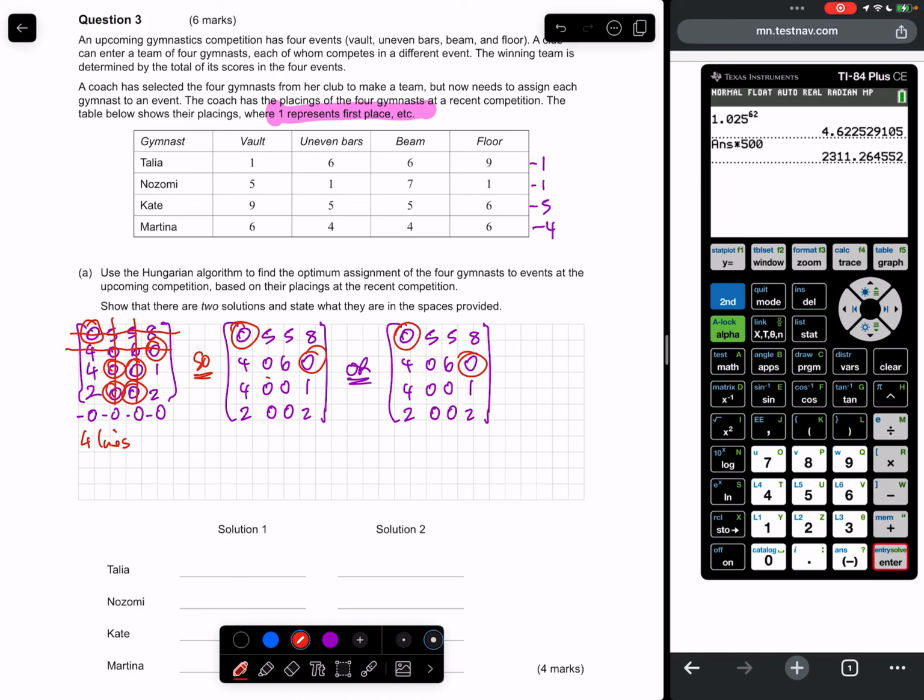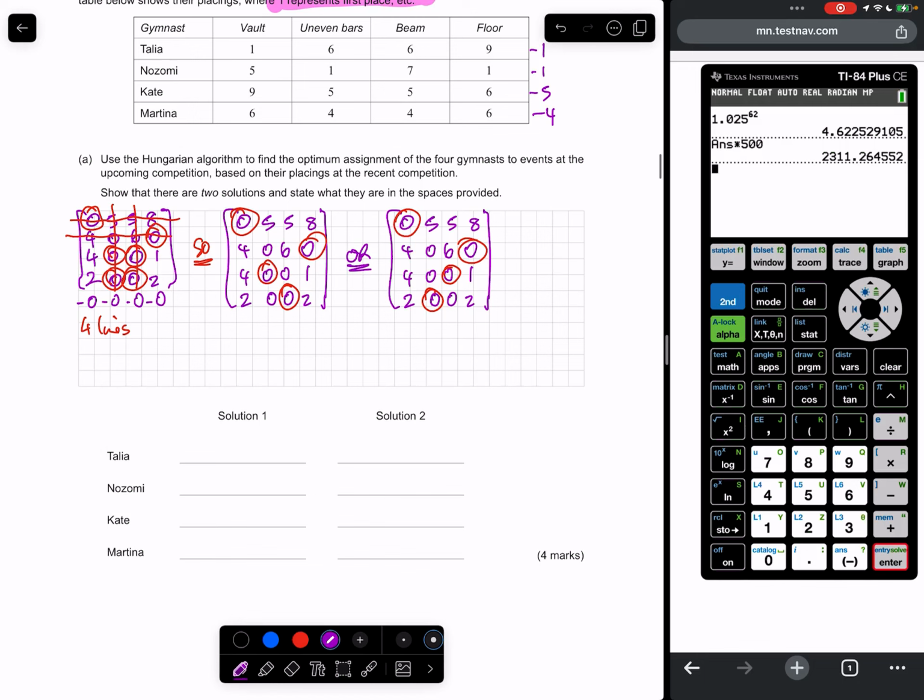But if I have this column being done on the 3rd row, then I have this column being done on the 4th row. If I have this column done in the 4th row, this column will be done in the 3rd. So what are the solutions? Draw it up here, this box here. Talia is always doing vault.